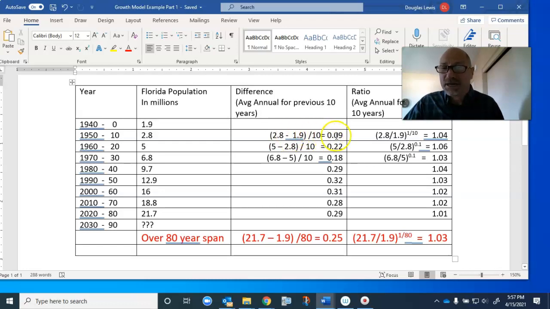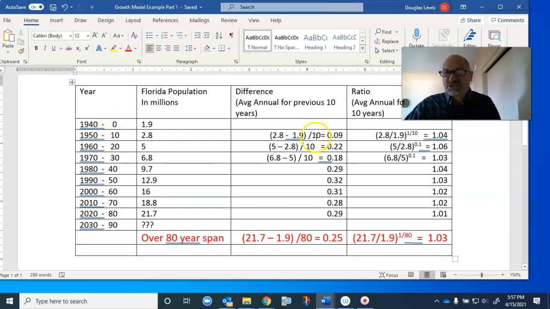So I had to divide by 10 each time. 2.8 minus 1.9 is 0.9 million, but that was over a 10-year span, so I had to divide by 10. Now, if you just go by the year, like 2010, 2011, 2012, 2013, you would not be dividing by 10.